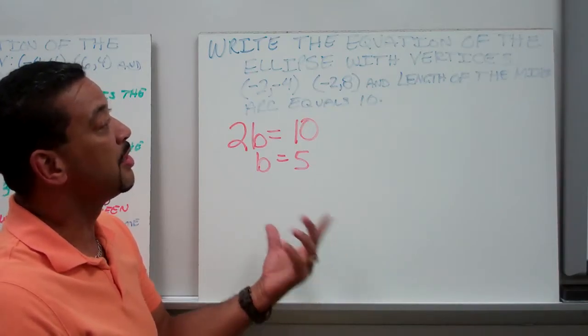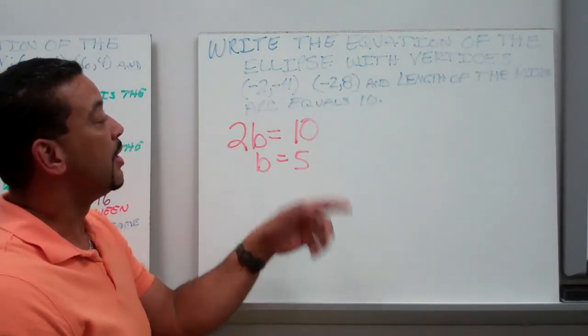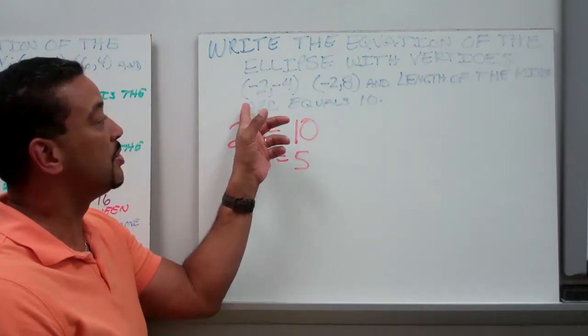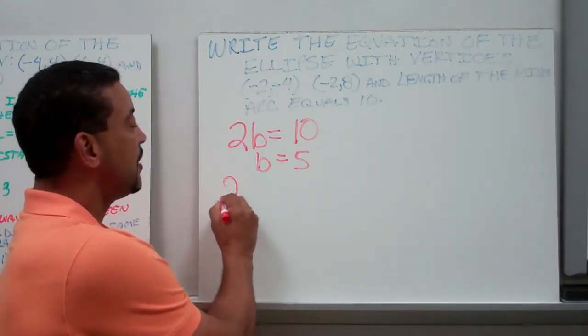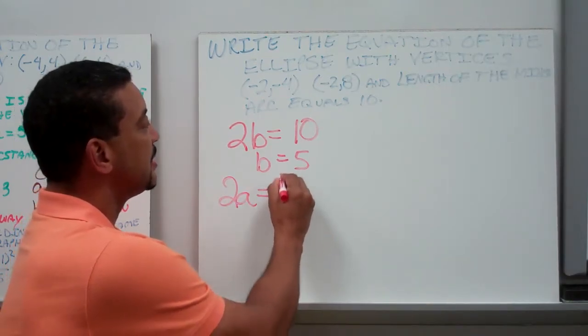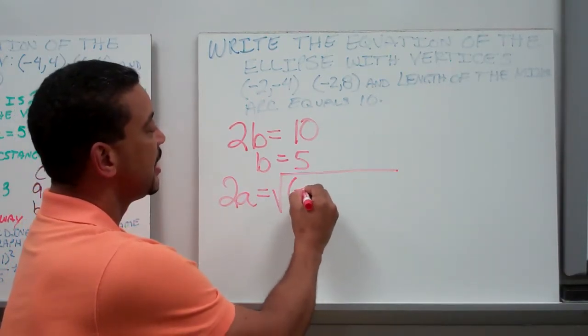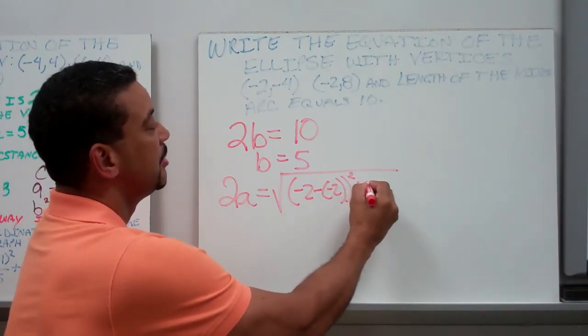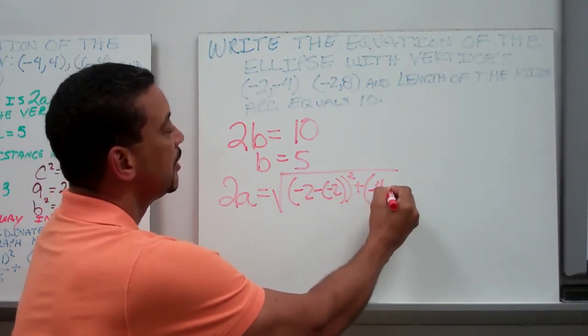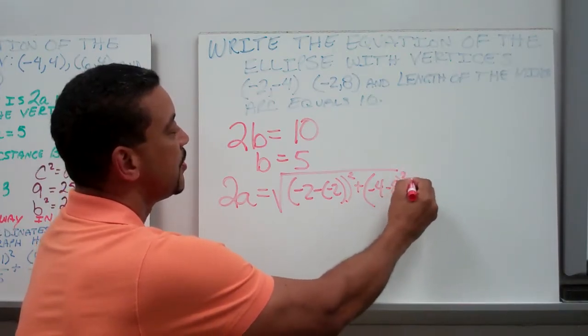And we also just a minute ago talked about the vertices. 2a is equal to the distance between these two. So we've got the square root of (-2 minus -2) squared plus (-4 minus 8) squared.